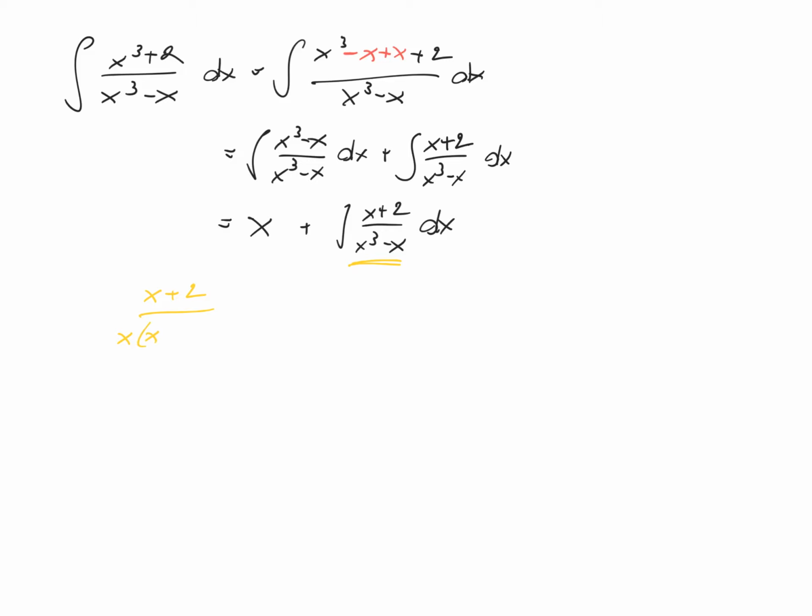X squared minus 1 is x minus 1 times x plus 1. And so we have 3 components in my multiplication. So if I want to split this, I will also get a sum of 3 parts. So I get something over x plus something over x minus 1 plus something over x plus 1.